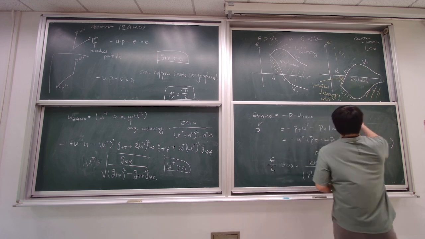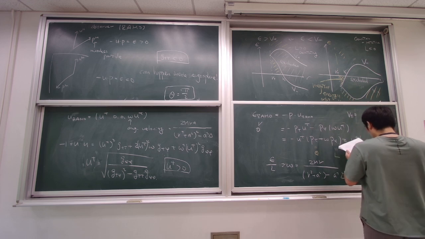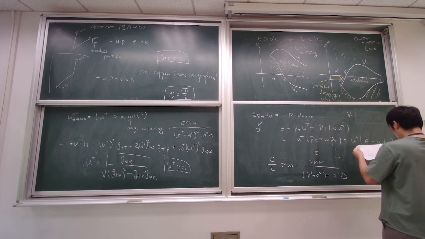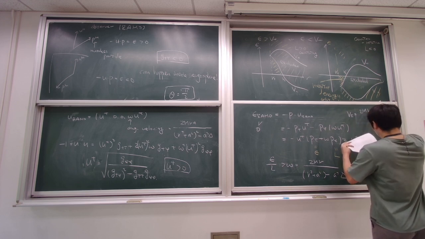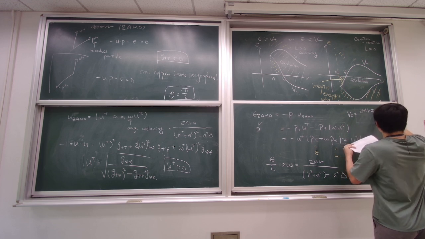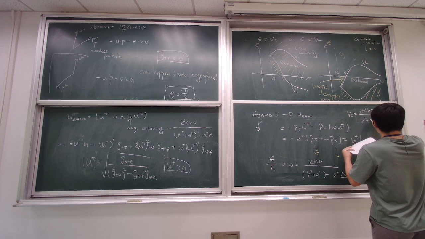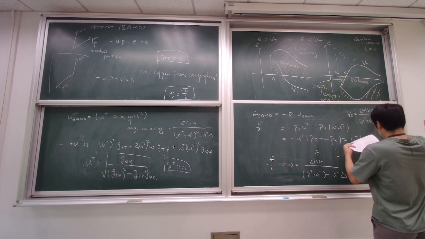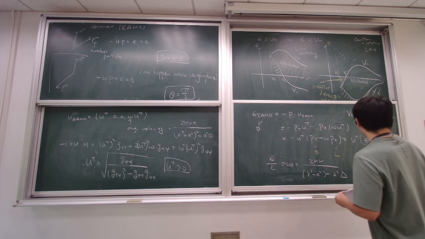Okay, let me write down here. b plus minus is equal to 2mr plus minus r squared delta divided by r squared plus s squared minus s squared delta. Okay, so this is b plus minus.